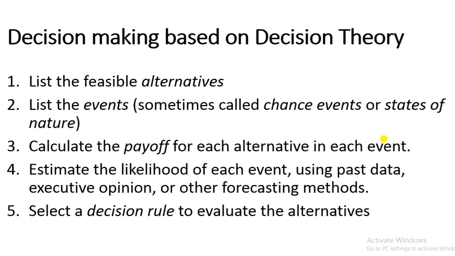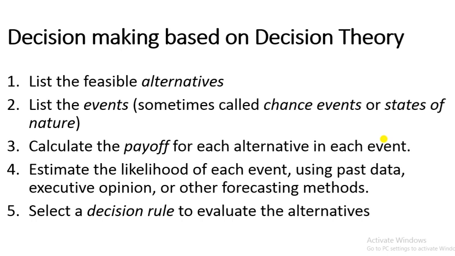While calculating the probabilities, the sum of all the probabilities must be equal to 1, and you can use the past data or the opinions of the higher management, or you can use any other forecasting method to calculate the possibilities.